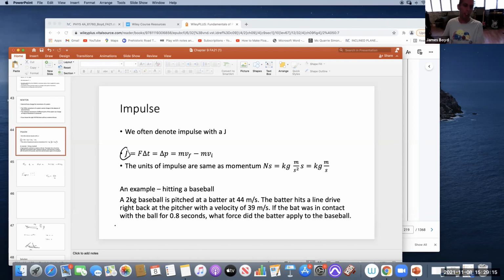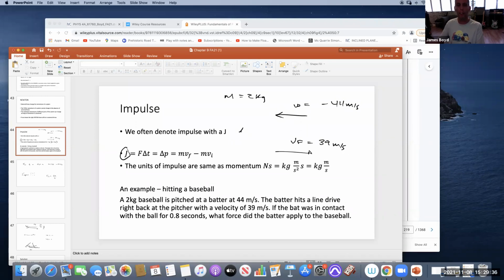So imagine in our example, we have our 2 kilogram mass baseball. It's initially thrown with a velocity of negative 44 meters per second. After contact, v final is 39 meters per second.